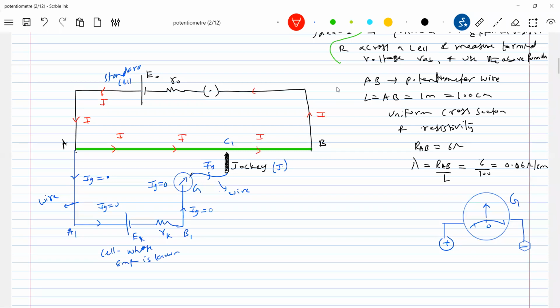The current will take a path like this. So the current through this standard cell will pass through the potentiometer wire. Then as the current flows, will there be any drop across AC1? Yes. V_AC1 should be equal to I times the balancing length which I obtained, let it be lambda 1.